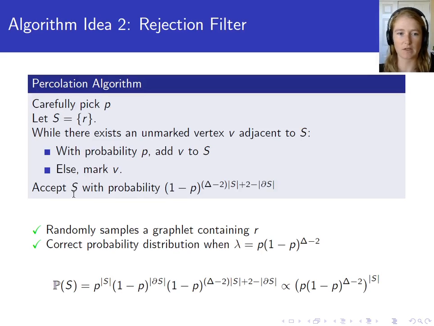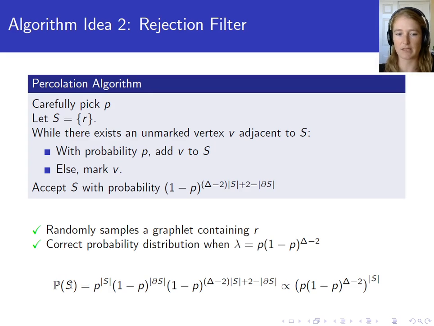So we're going to do this percolation process, get a subgraph S, and then we are going to accept that subgraph with a carefully chosen probability here. This 1 minus P to the delta minus 2 times the size of S plus 2 minus partial S. So this minus the number of vertices that are adjacent to S but not in S is really the key part here.